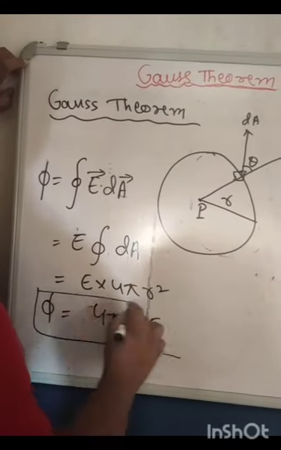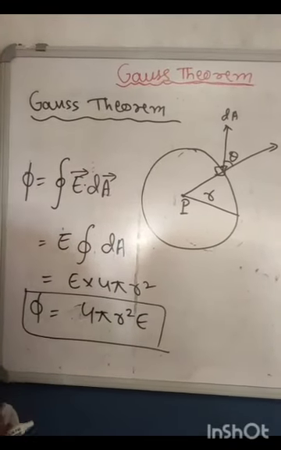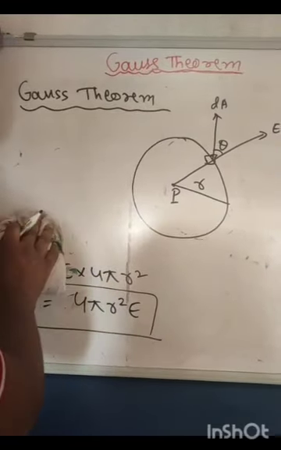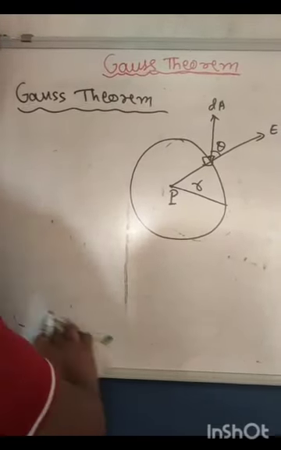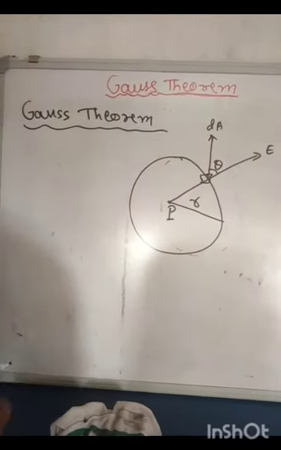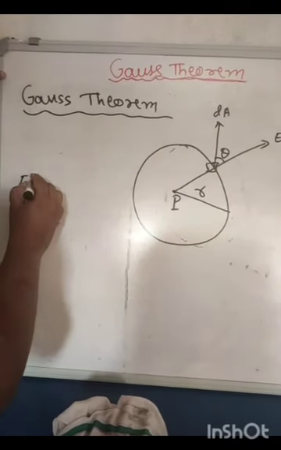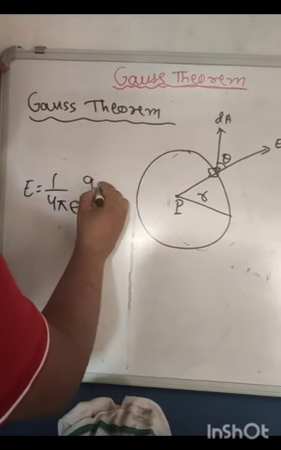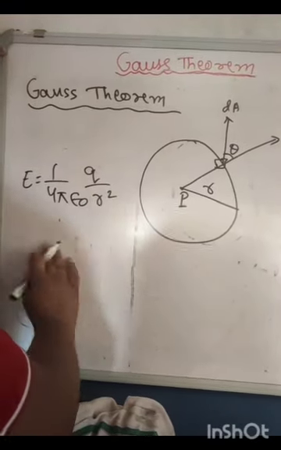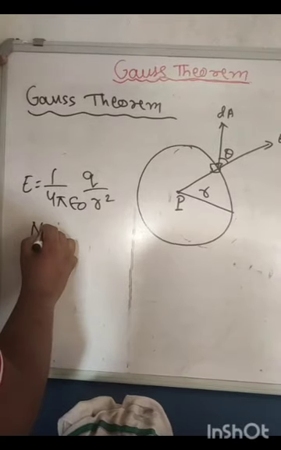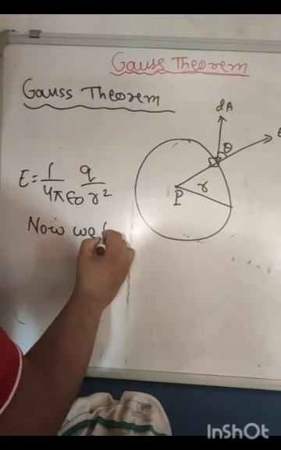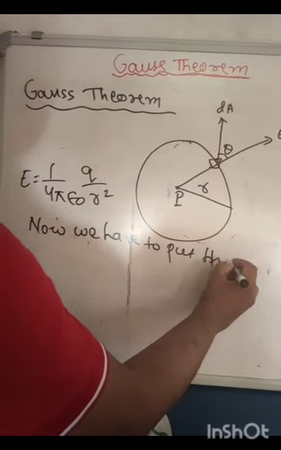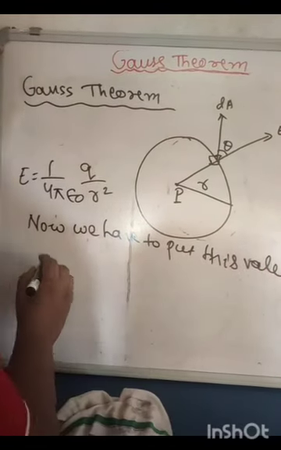Now we have to calculate the total electric field due to the charge. We know that E equals 1 upon 4 pi epsilon naught Q upon r square. Now we put this value.